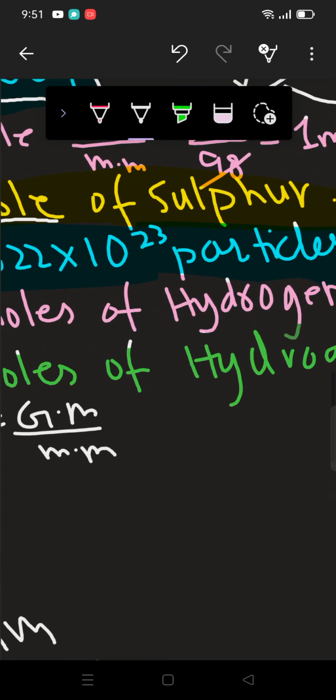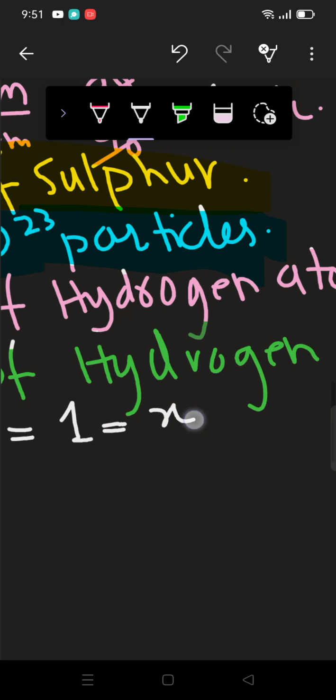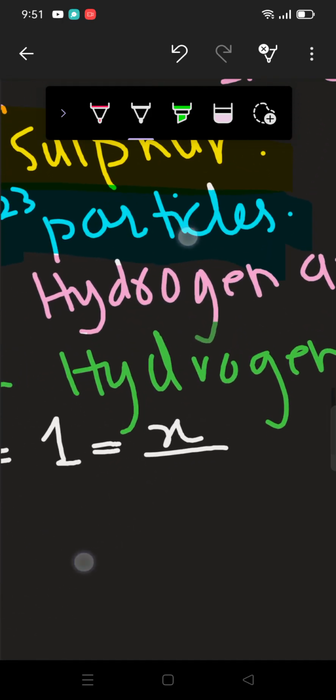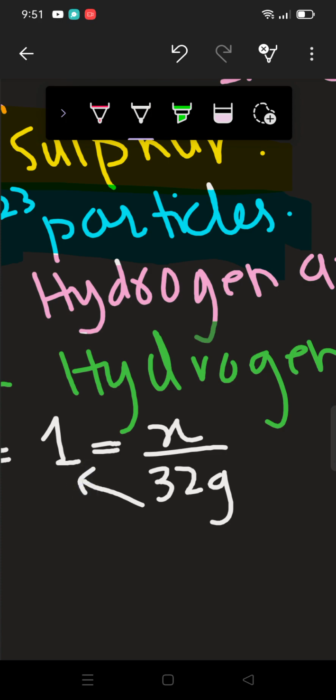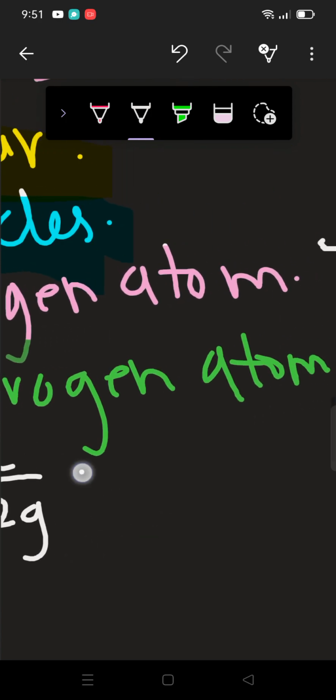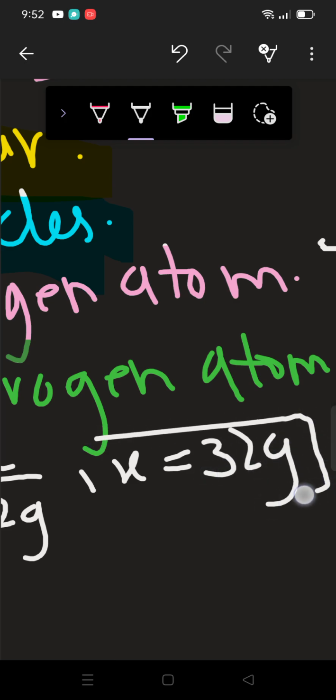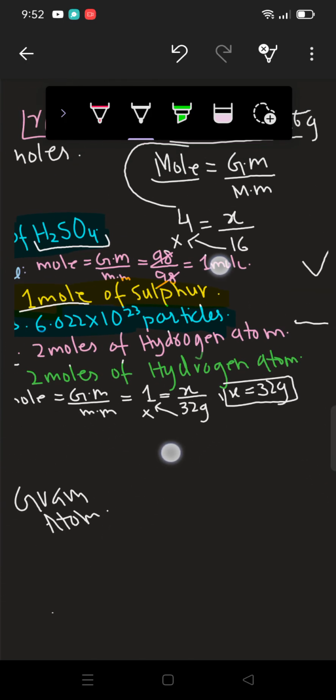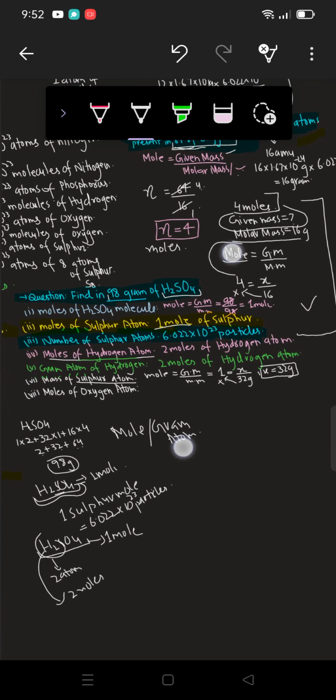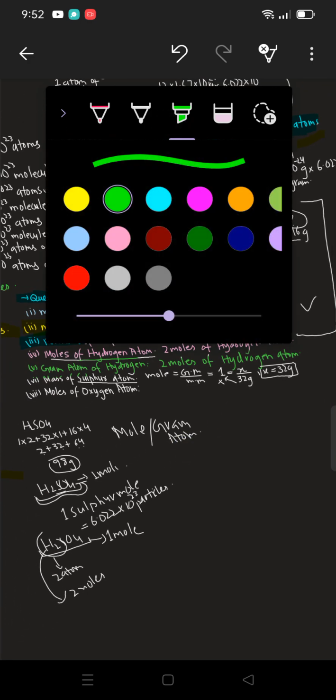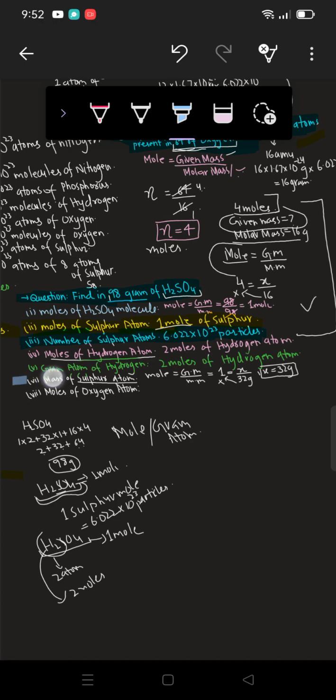Given mass we need to find, mole is already given, 1 is equal to x, instead of given mass, upon molar mass of sulfur. What is it? It is 32 gram. We have already counted, right? 32 is dividing here, when it goes to the other side it is multiplied, so x is equal to 32 gram. So the mass of sulfur atom is 32 gram. Let me highlight this as well. We have done the sixth question.